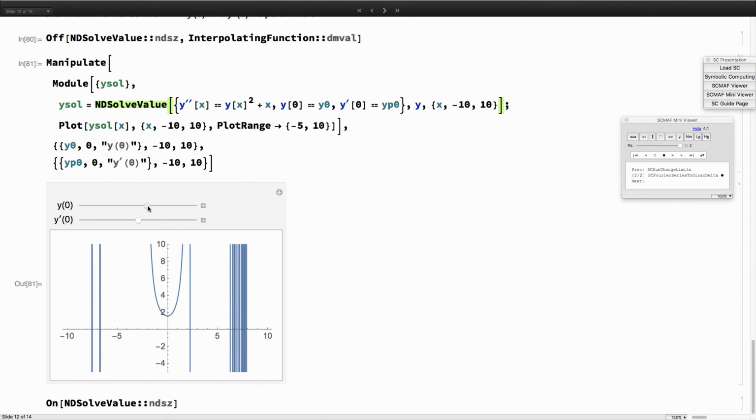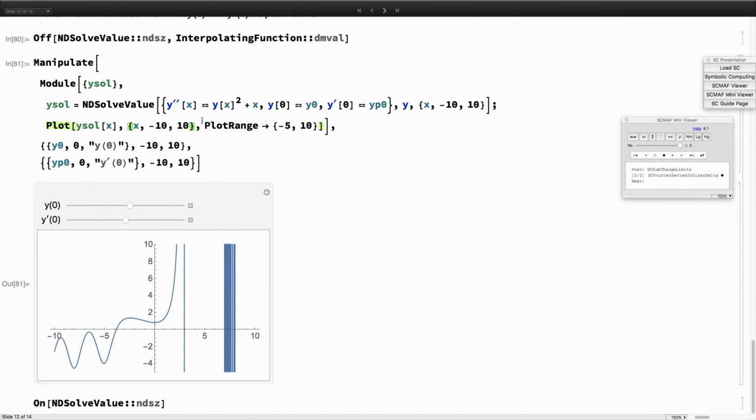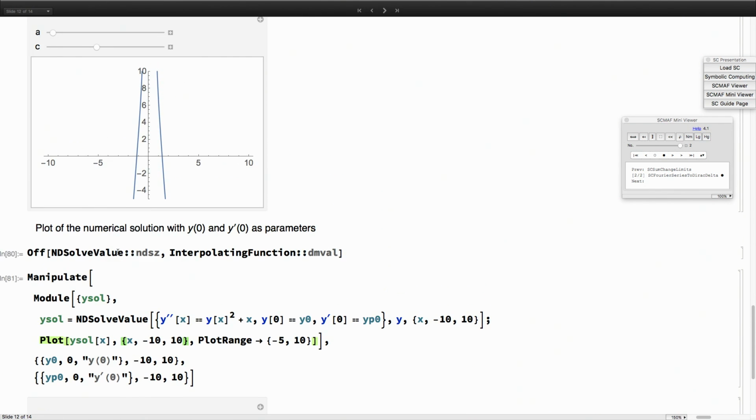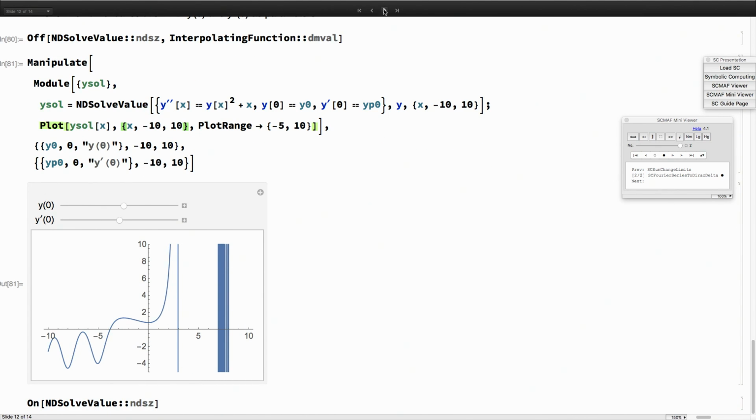But if I change the boundary condition, then we have different solutions. And one of these solutions coincides with one of the solutions obtained using the series. But you can see on the negative axis, it's oscillatory. But this is outside the range of convergence, and therefore we do not see it here.